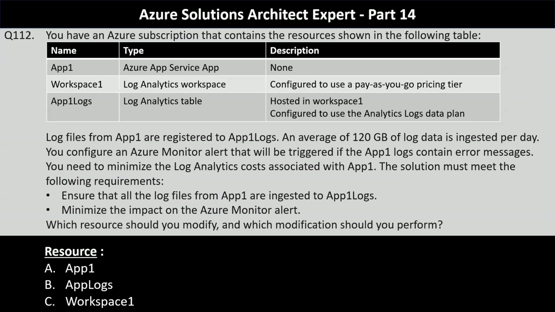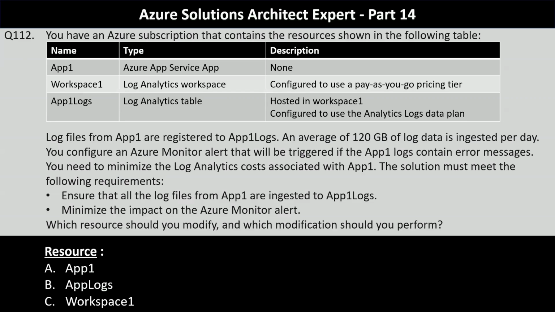Now the next one is a log analytics table with the name of app1 logs. It is hosted in the log analytics workspace and is configured to use the analytics logs data plan. Now log files from app1 are registered to app1 logs. An average of 120 GB of log data is ingested per day.